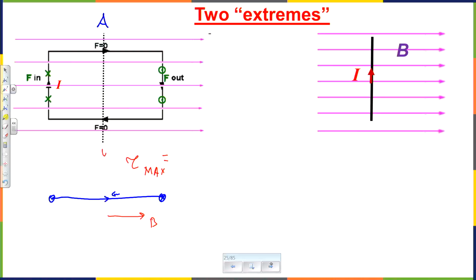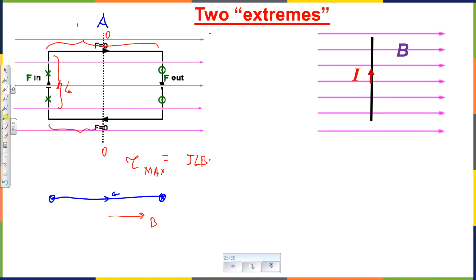If we choose this axis of rotation, we need to calculate force, which is ILB, and we need to multiply by the lever arm, which is this. Well, this is what I called L, so this I should call something different.